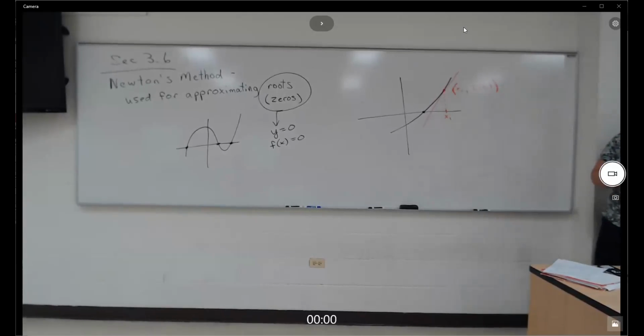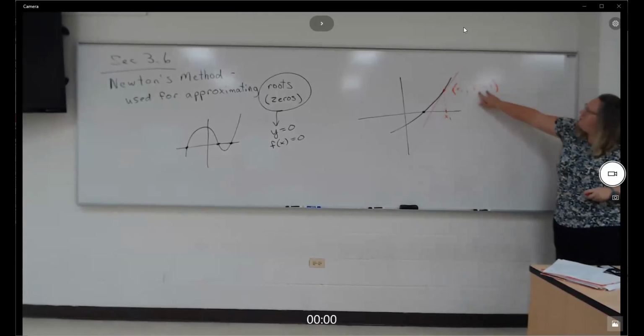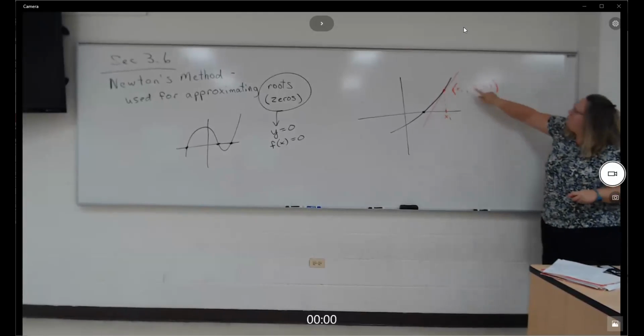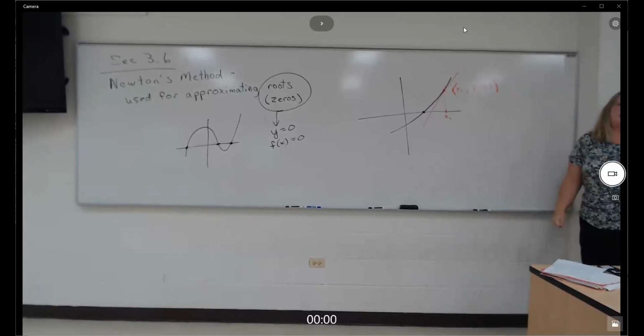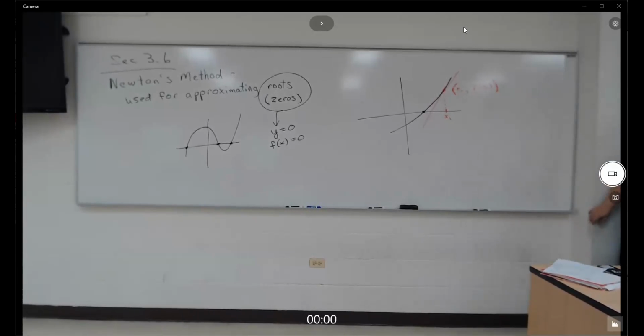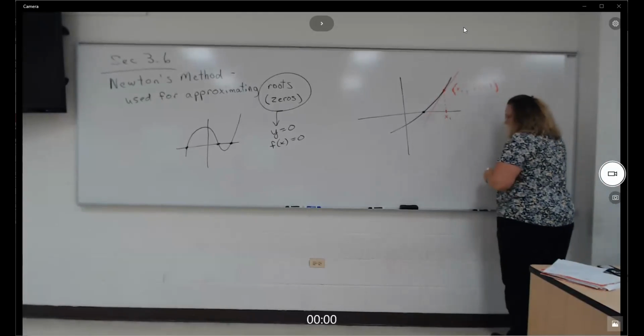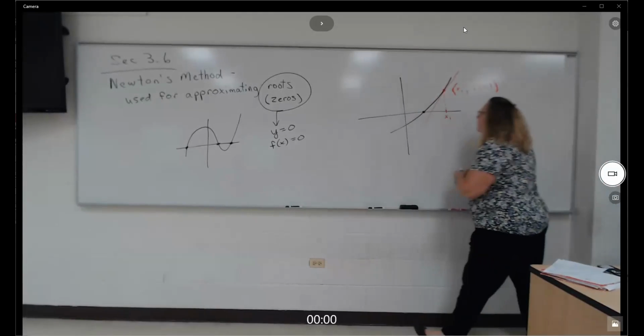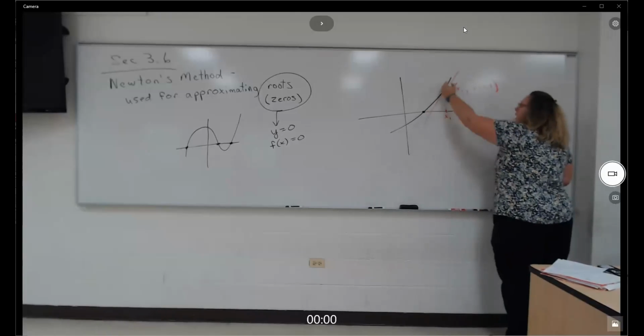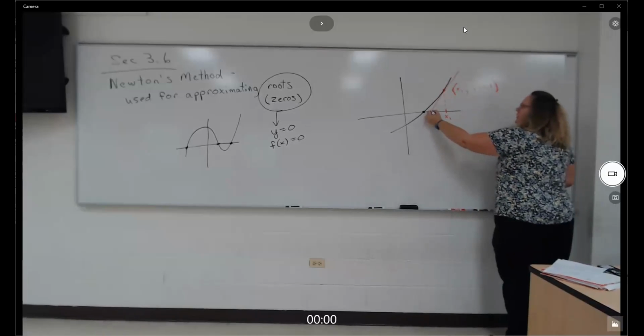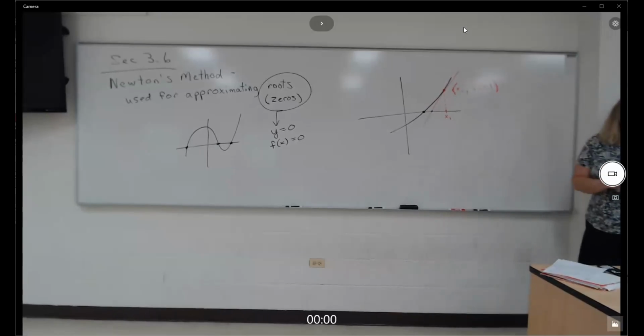So instead of just writing y1, we're going to write it in function notation, and to get this y value, I have to use that x value. And then this one, look at how close where this line crosses the x-axis is. I'm getting closer to my root.